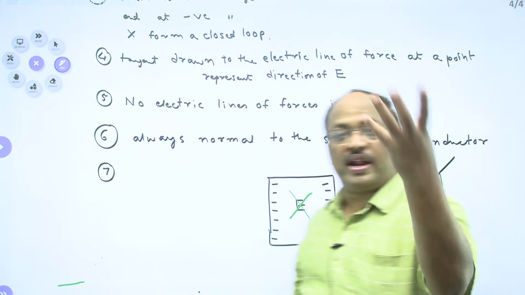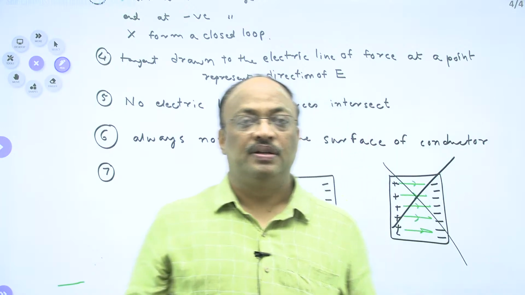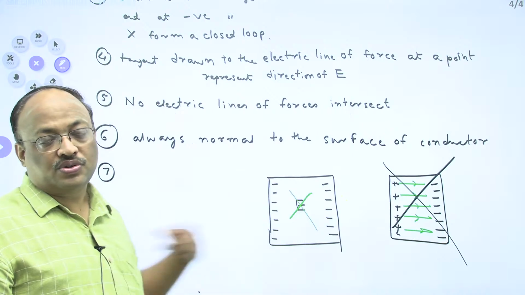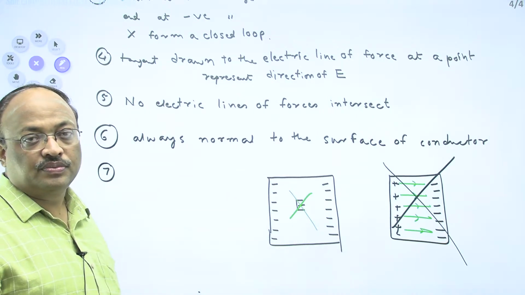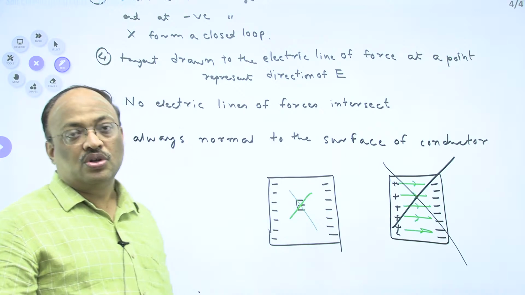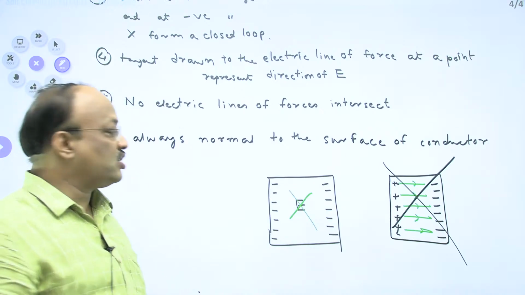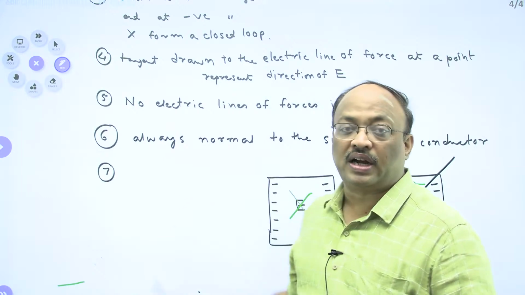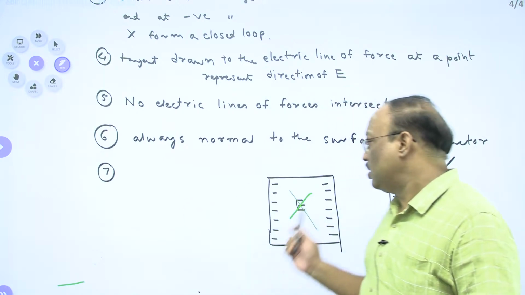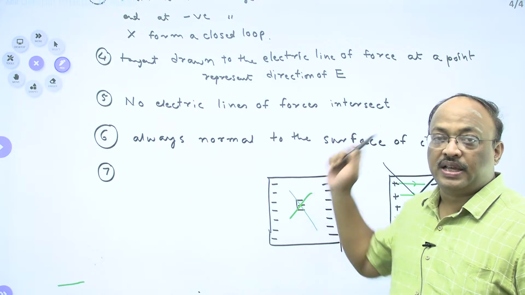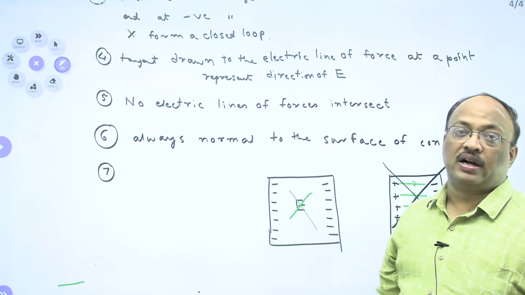Where there is no electric field, there will not be any electric lines of force. So electric lines of force do not pass through the conductor because the electric field is not present inside the conductor.